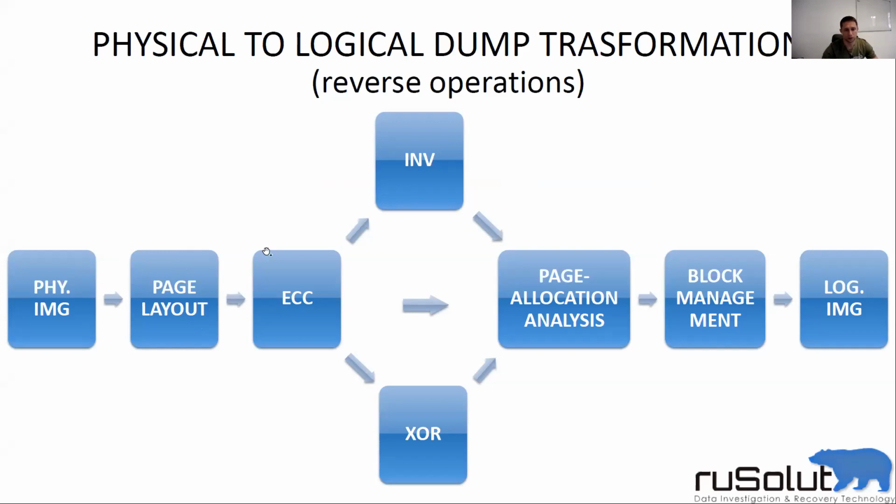After that, you can try to apply ECC, and if there are no codewords in the database for this particular device, you can try to build those codewords by yourself. So today we will talk about these two things. First, it's page layout.